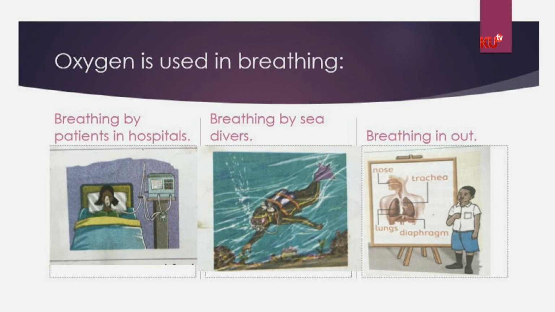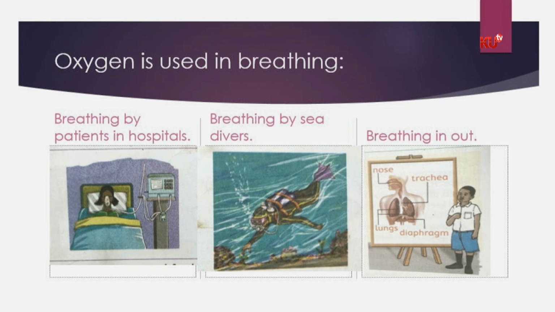So the first diagram shows a patient in hospital using oxygen during breathing. Then the second diagram shows a sea diver using oxygen while diving in the sea, in the ocean, or in the lake.